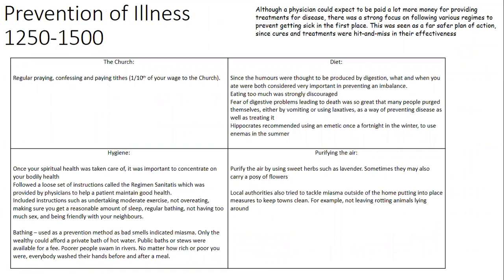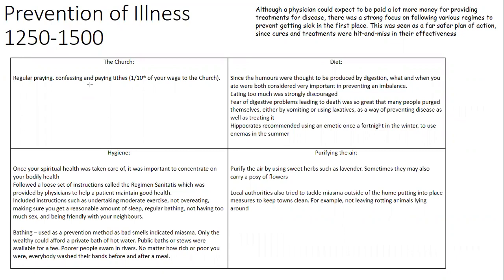So prevention of illness. Remember, the key thing is treatment, you've got it. Prevention, you're stopping it. A lot of the preventative methods were similar to the treatments because, again, it linked to the causes. This is why this concept of the cause is far easier. So how did people prevent themselves from getting sick in this period? So firstly, the church. You'd pray, you'd confess, and you'd pay a tithe, which is 1/10 of your wage. You'd have a good diet.